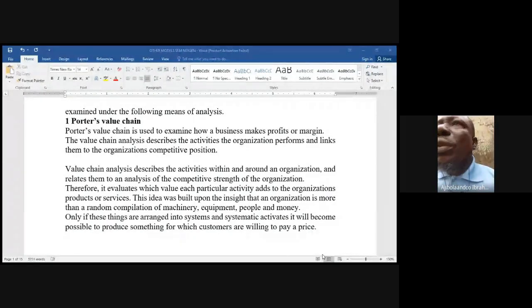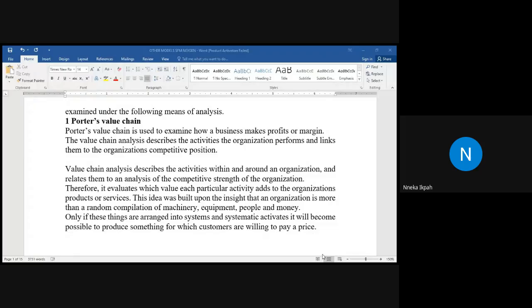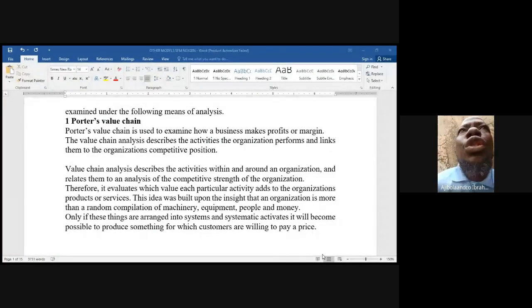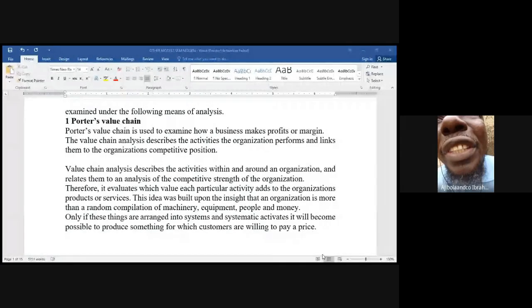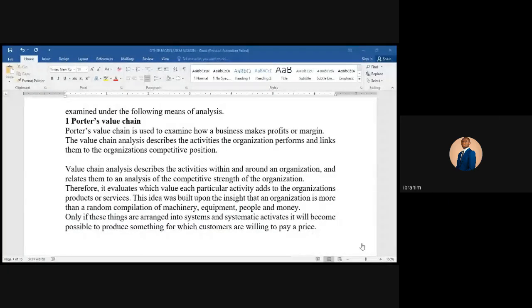This one will not shock you anyway. A bottle of Coke that sells for 50 or 60 naira is selling for how much? 500 naira. If you go to a 3-star hotel, how much are they going to sell it? 2,000. For a 5-star hotel, Transcorp, Sheraton, Hilton, how much? 10,000, 15,000, 20,000.